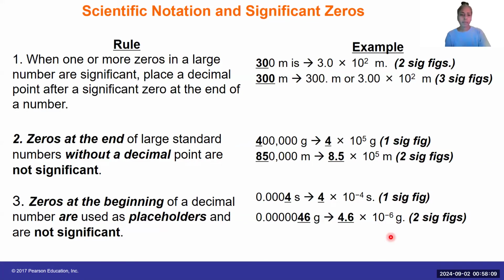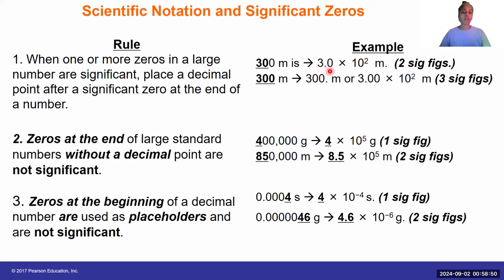So if we have the example 300, right? We can say that if we have a value that's got a bunch of zeros and we want to represent the number of significant digits, let's say our ruler or our measuring object can easily measure up to the tens place, and we want to make sure that the number that we're given shows the correct number of significant figures, we would write that in scientific notation.